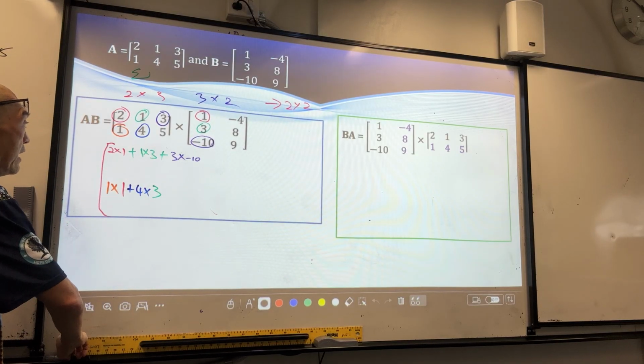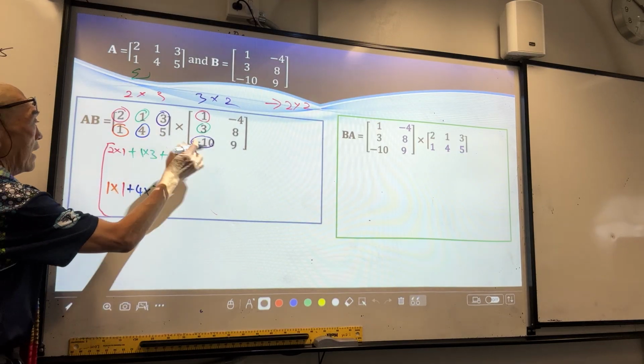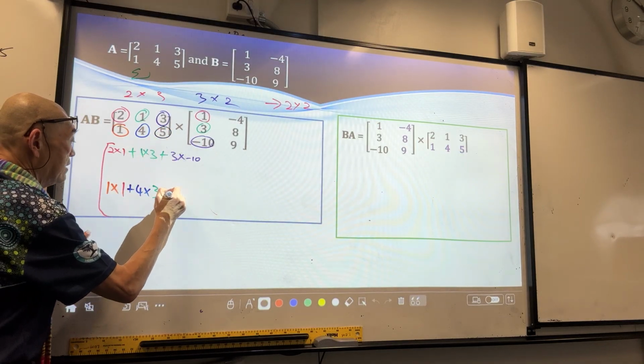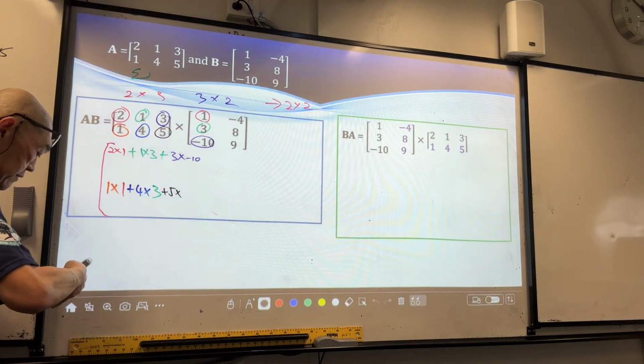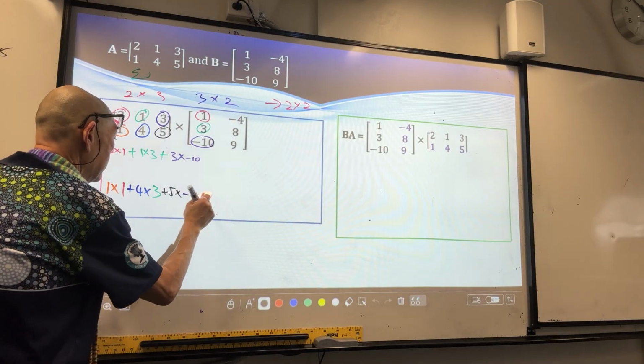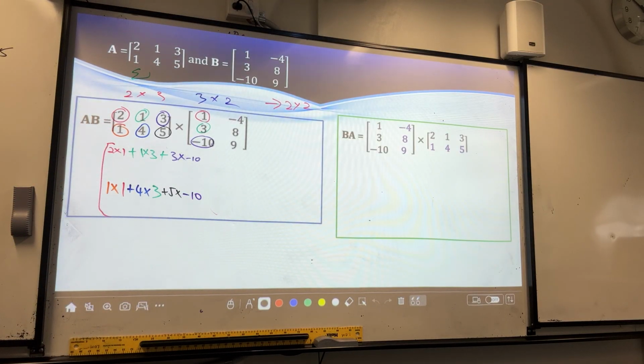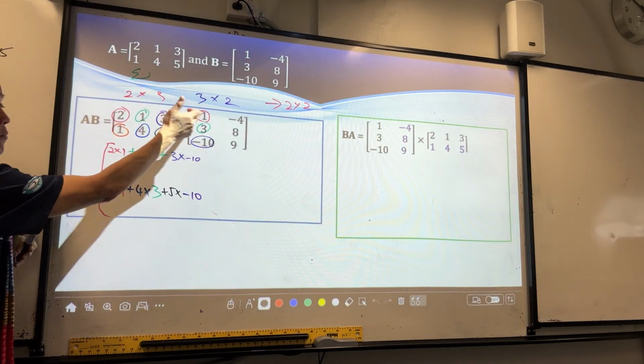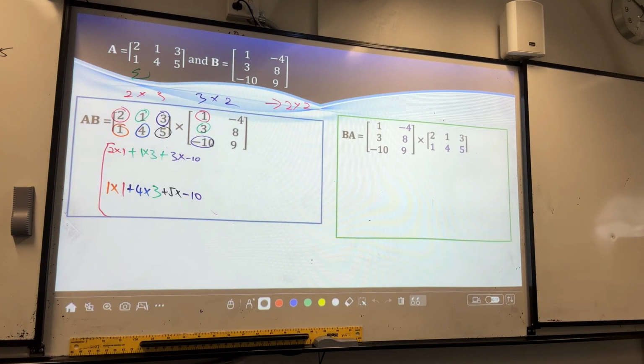And then finally, 5 times minus 10 plus 5 times minus 10. Right? You can see that what I've done is the row multiplied by the column, each column. Correct? Avoid using calculator at this stage. I'll show you how to use your calculator later. What I want you to do is think about you are multiplying row by columns.